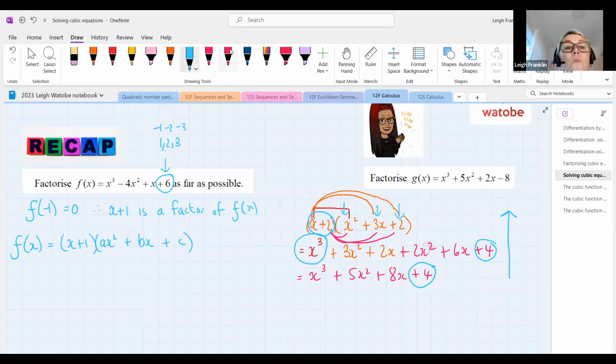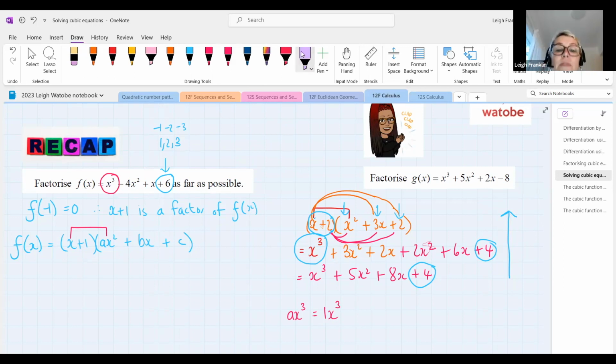Okay, so this is why this method is called inspection, right? We are going to multiply x with ax squared. That's going to give us ax cubed. And then we go and we look at this term up here, and we can see that it is 1x cubed.